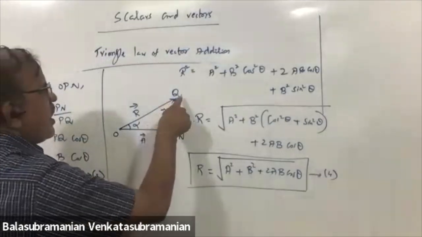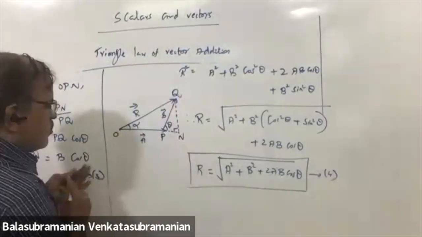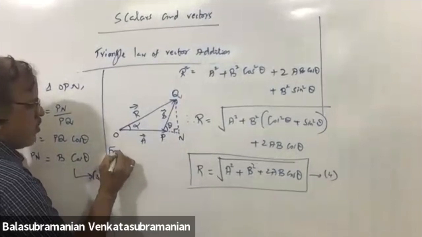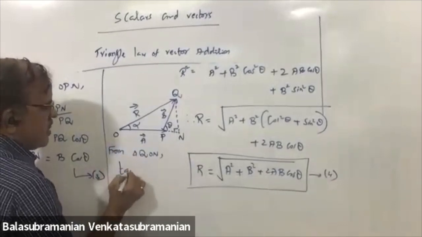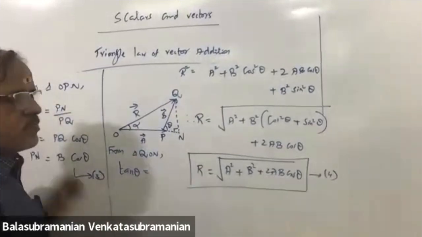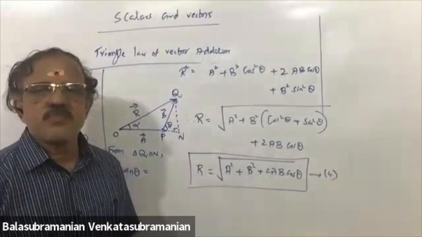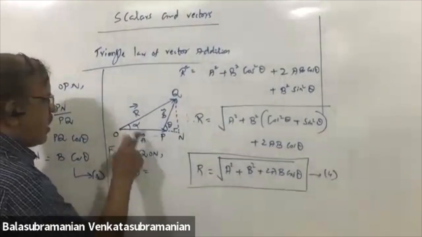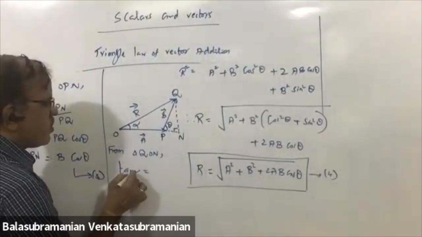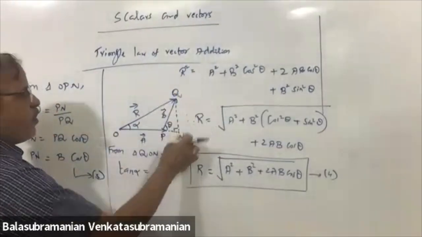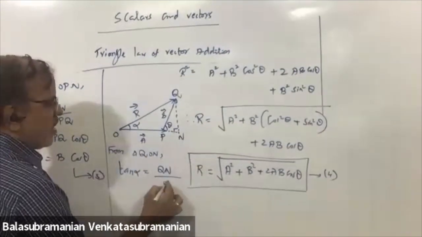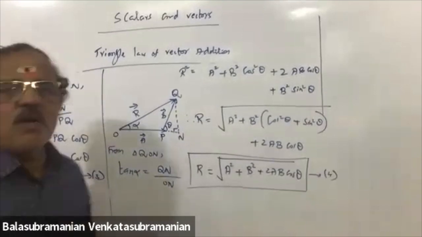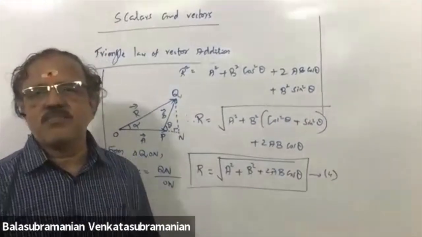Here, from triangle QON, it is not theta, it is alpha. Tan alpha is equal to opposite side by adjacent side, QN by ON.